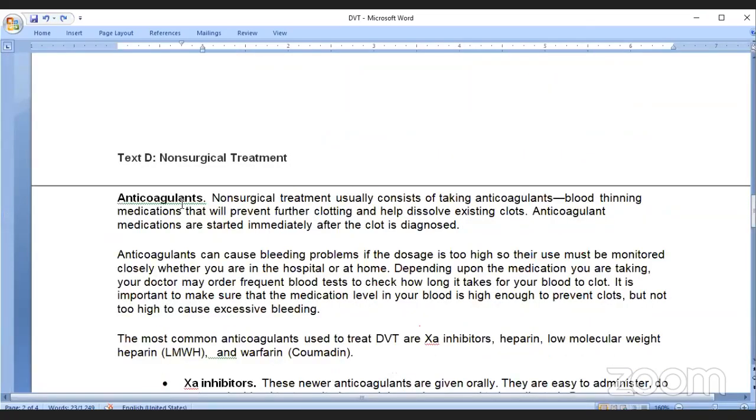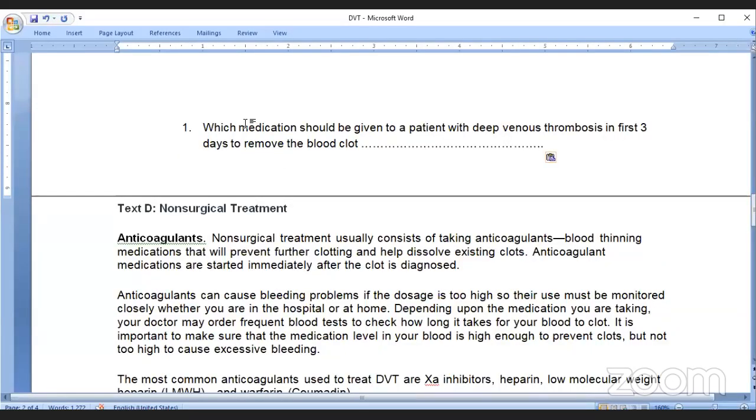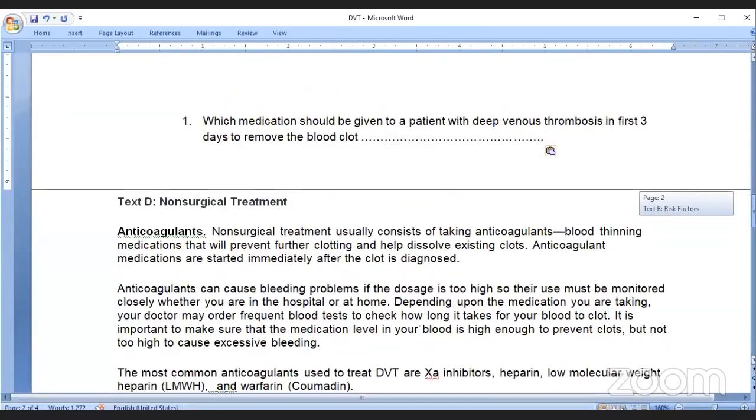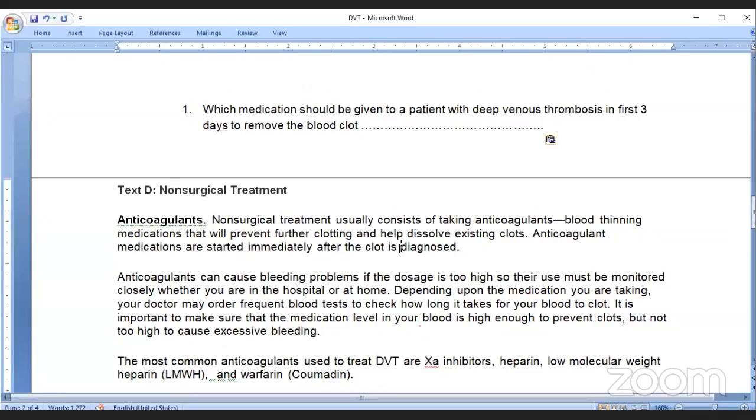First tell me whether you can find the answer in these two paragraphs or not, then I will show you the rest of the part, okay? Can you find the answer in these two paragraphs? No?